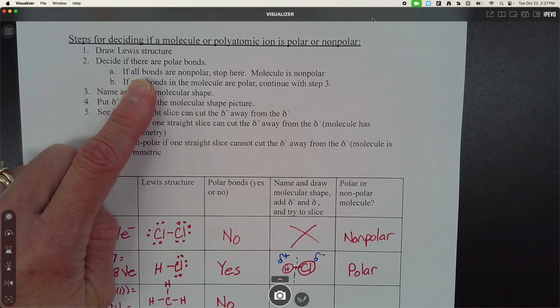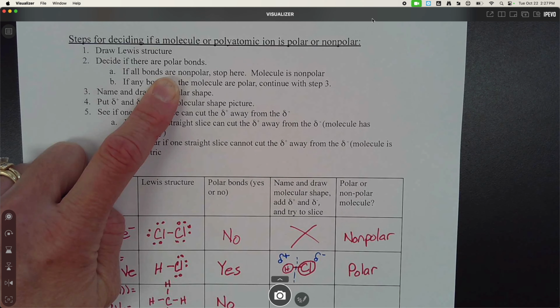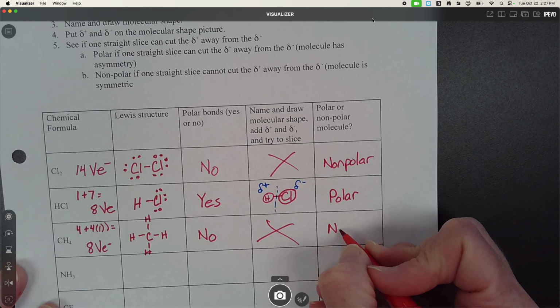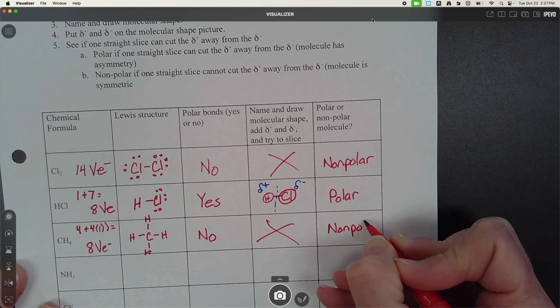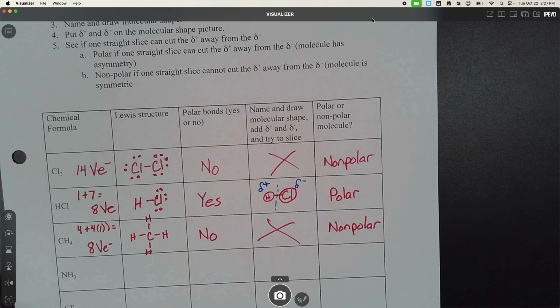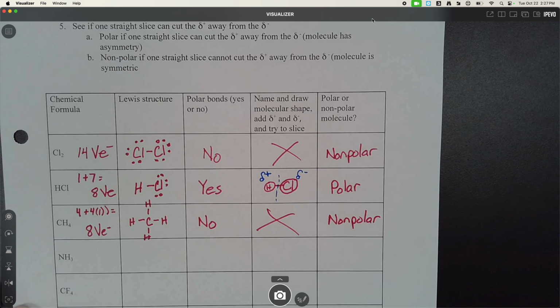If all bonds are nonpolar, stop here. Don't have to do this. The molecule is going to be nonpolar because all of the bonds are nonpolar. You can't get a positive and a negative end on a molecule if the bonds themselves aren't causing an asymmetric distribution of that charge.